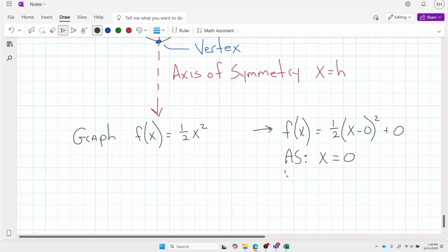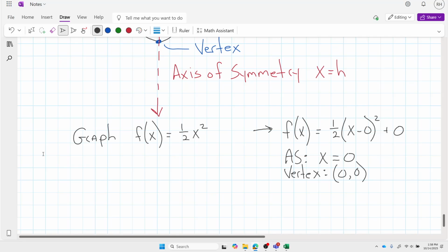And our vertex will be at (0, 0). So here's how you graph f of x equals 1/2 x squared. All right? You always want to identify your axis of symmetry first, and you want to identify your vertex.